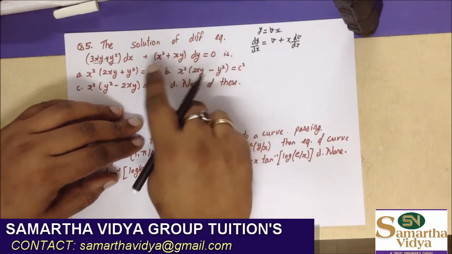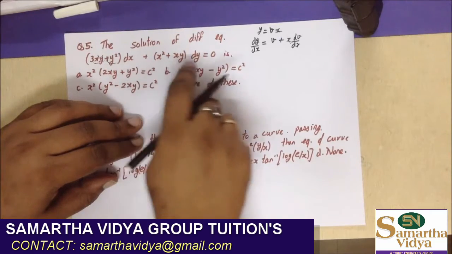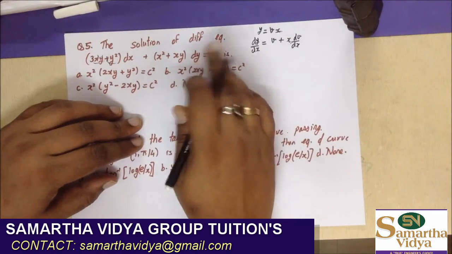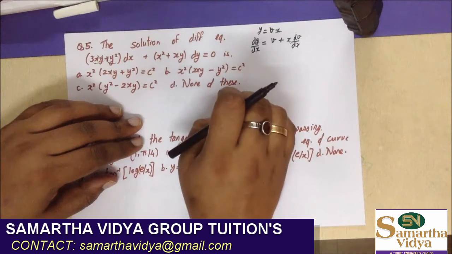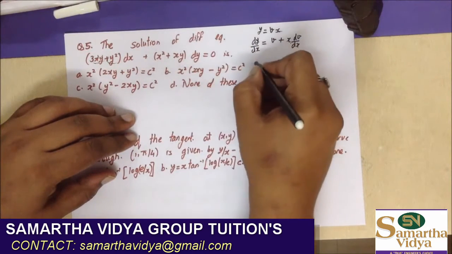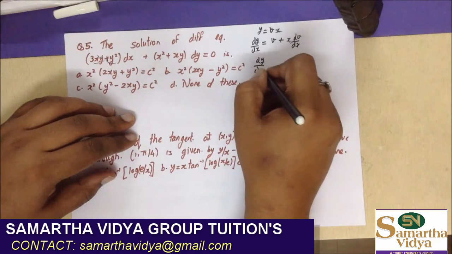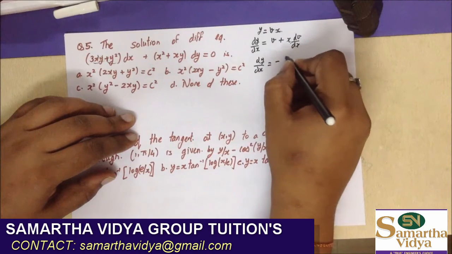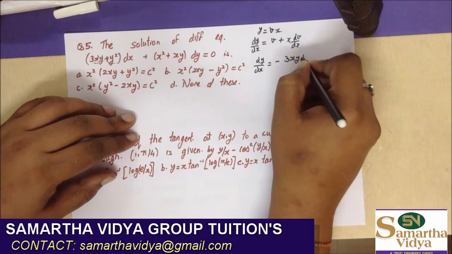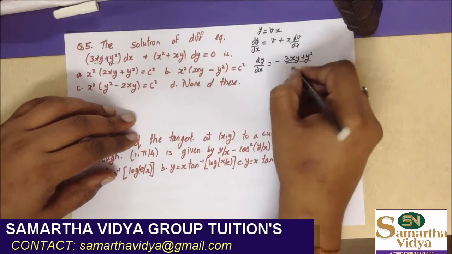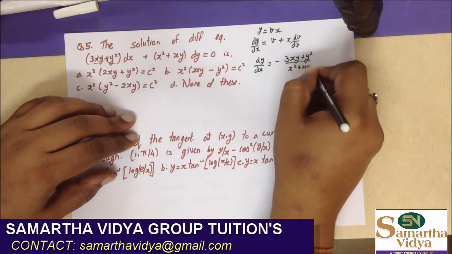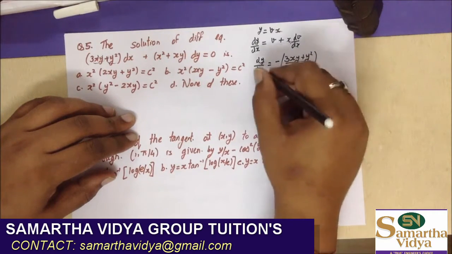Now let us find what is dy/dx in this. Let's take the dy/dx term on one side and the rest of it on the other side. So I'll be getting dy/dx = -(3xy + y²)/(x² + xy). Now let us just substitute the value in it.